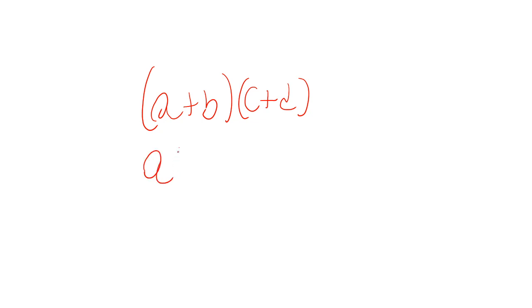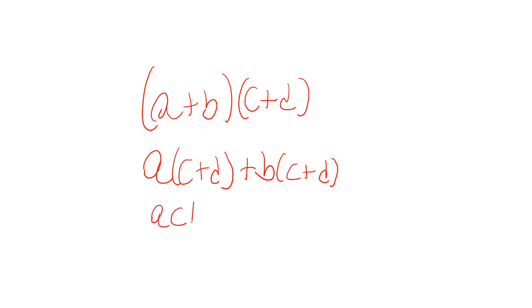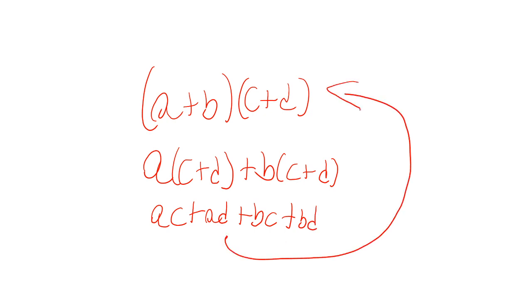We do a times (c plus d), plus the second term, b times everything else in the parentheses. Now we can use some more distributive property: ac plus ad plus bc plus bd. This is just the expanded form of these binomials. So that's how you would expand binomials.